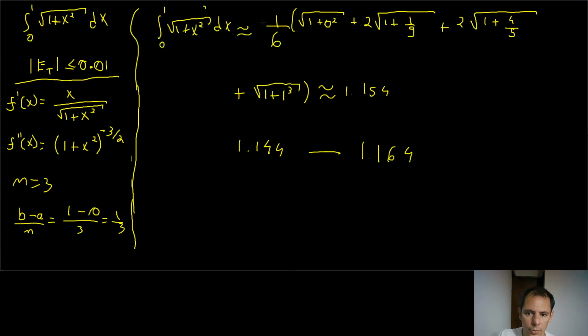You know that the result of this is going to be within this range, okay? We found an approximation 1.154, and there's a margin of error because it's the trapezoid rule, an approximation. So it's guaranteed to be within this margin. It goes from 1.144 to 1.164, okay?